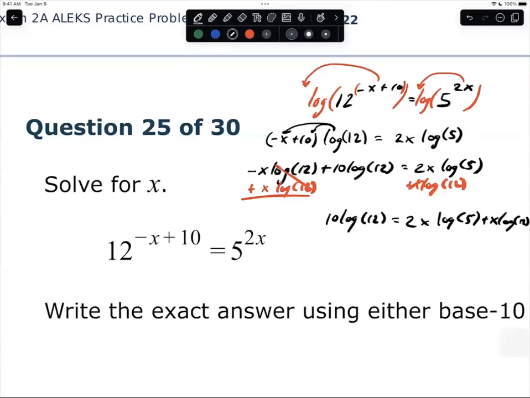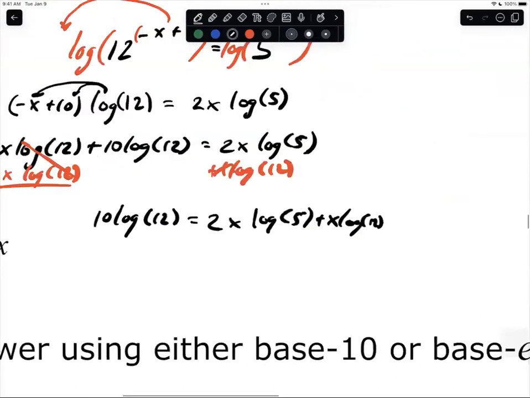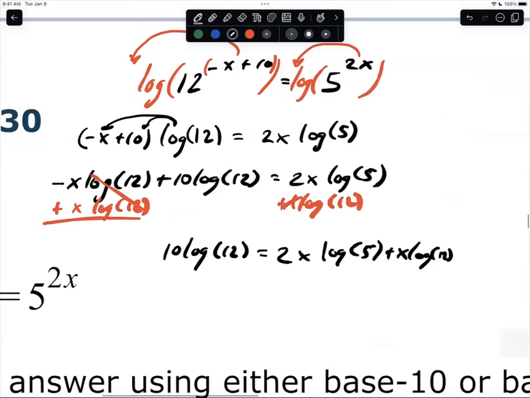And then what was the step that we did next? We have all the terms with the x on one side, and then we factor out an x. So x times 2 log of 5 plus log of 12 equals 10 log 12.